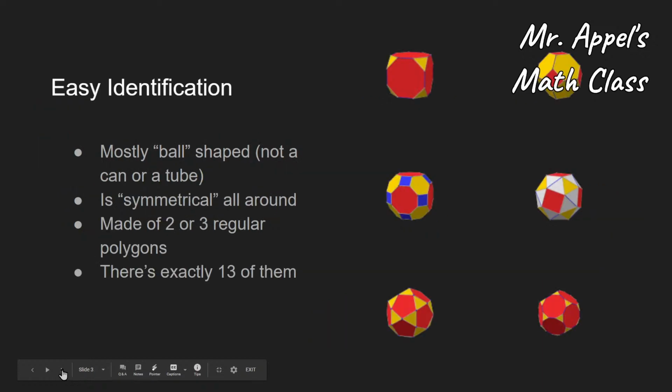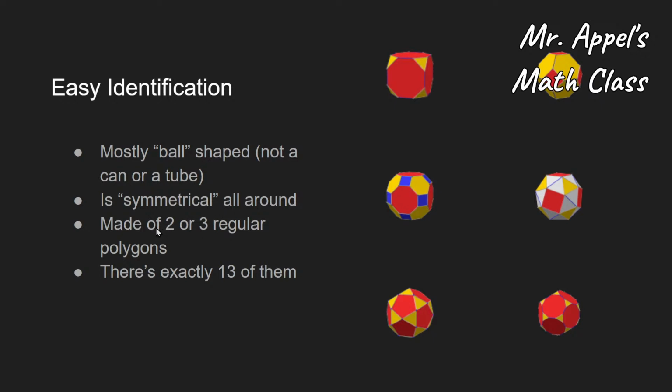All right, how can you identify these easily? Spot them a mile away. Here it is. They're pretty much ball-shaped in general, so not some kind of can or a tube like the prisms and antiprisms. And very symmetrical. These are some of the most symmetrical shapes in that you can rotate them around 360 in 3D and get a similar view all the way around.